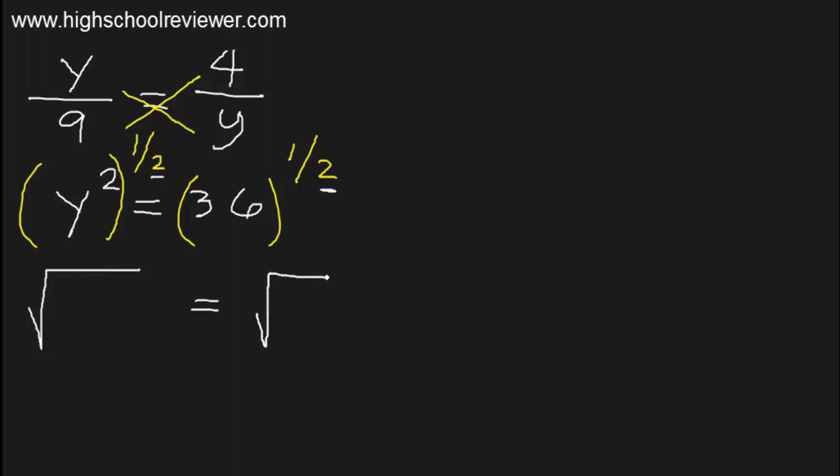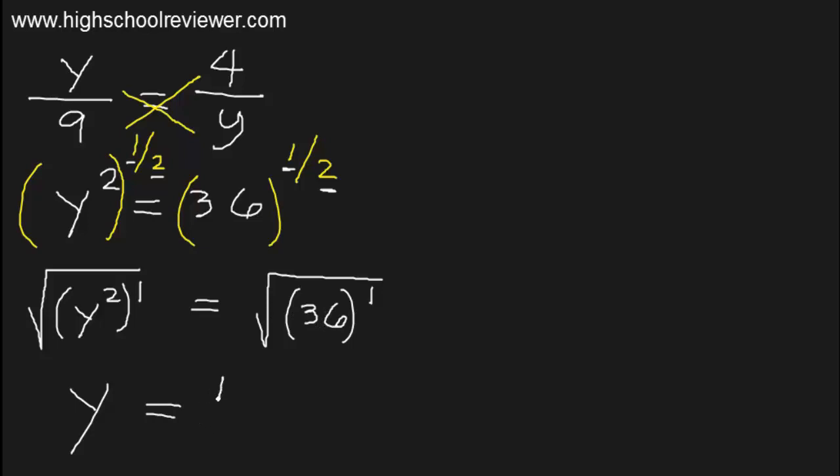So we have here y raised to the power of 2, and its exponent will be the numerator, that is 1. 36 is the base, and its exponent will be the numerator, that is 1. So y raised to 2 multiplied by 1 is still y squared. The square root of y squared is positive y, and the square root of 36 will be plus minus 6.